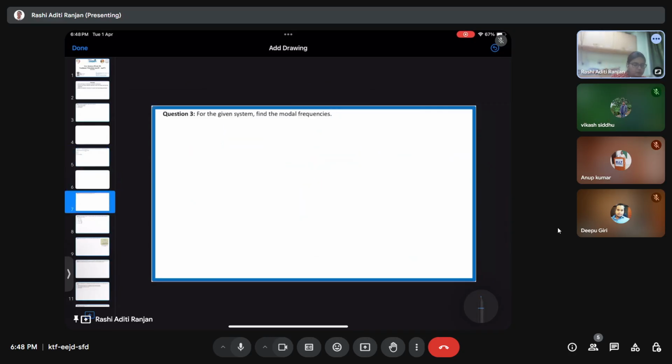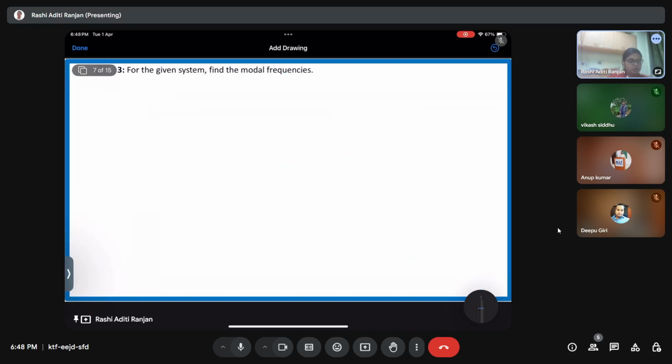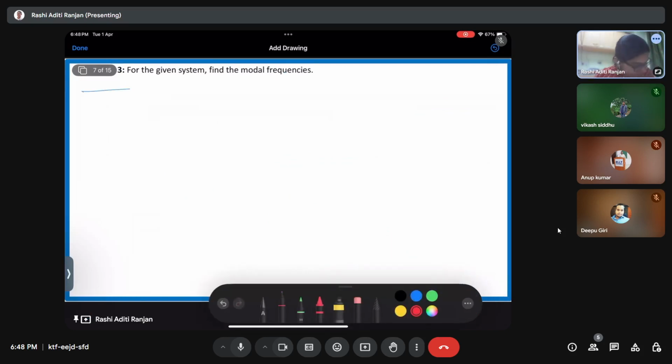Okay, coming on to question number 3. The modal frequency. Okay, so the system is, let me draw it with red color.